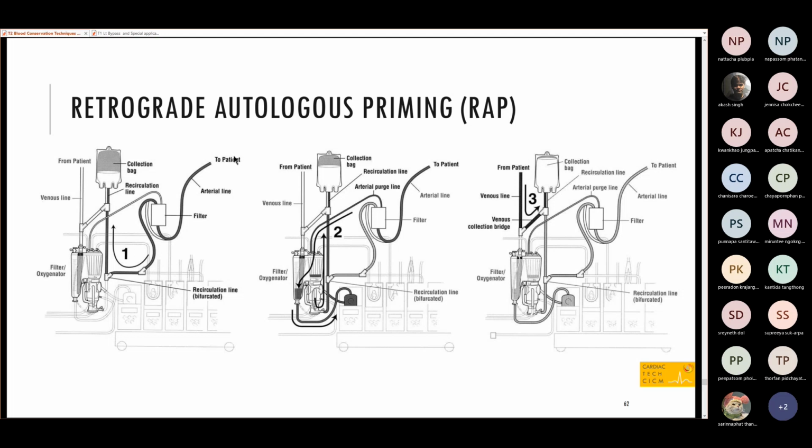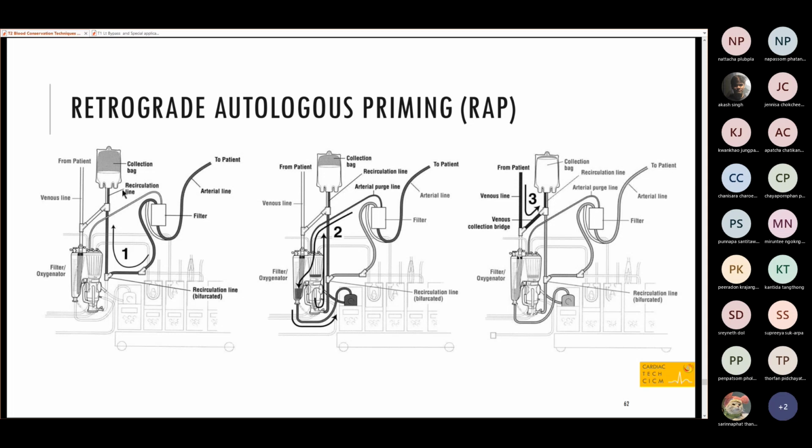When the surgeon connects the cannula to the patient, we just open this line, and the blood is going to replace this one and push the priming solution back to the bridge here.